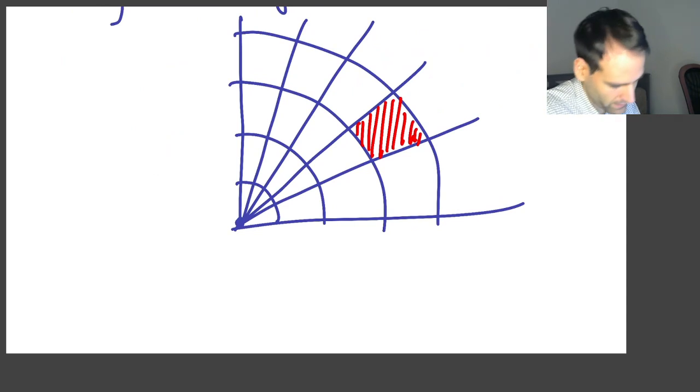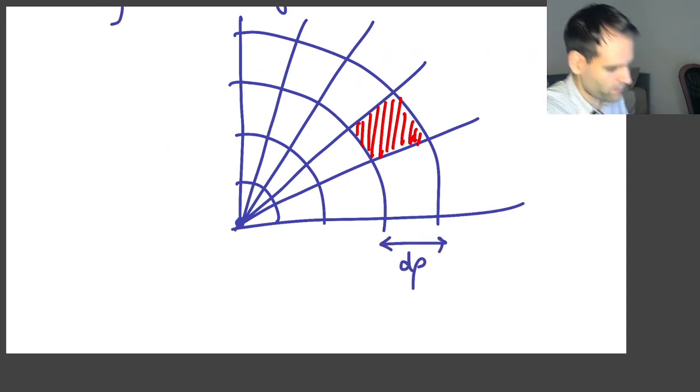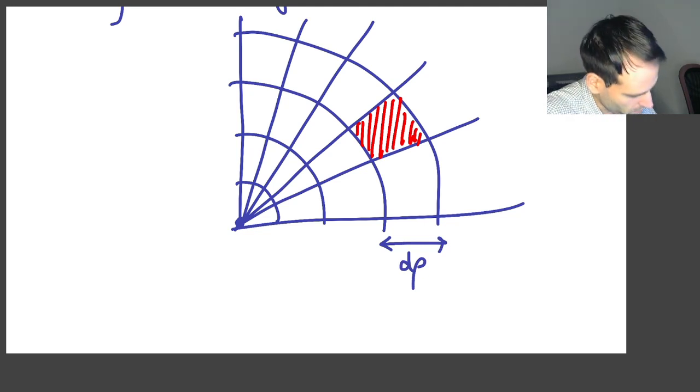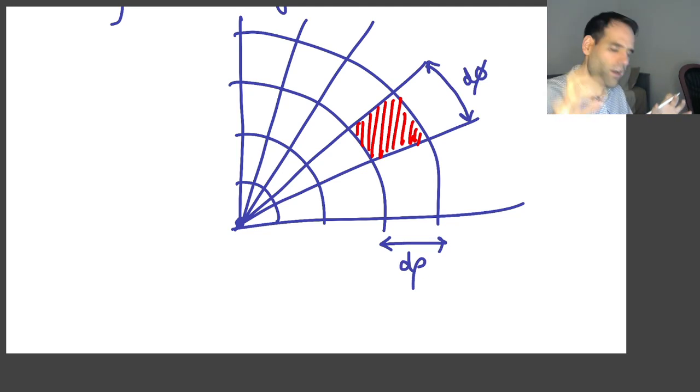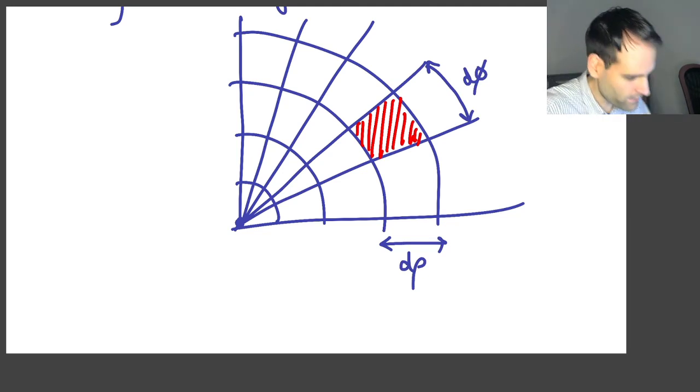elements, which in the limit, this would be d rho, the change of rho, and this would be d phi, the change on the angle phi. So in the limit, when d rho and d phi go to 0 because they are differential, this forms a parallelepiped.